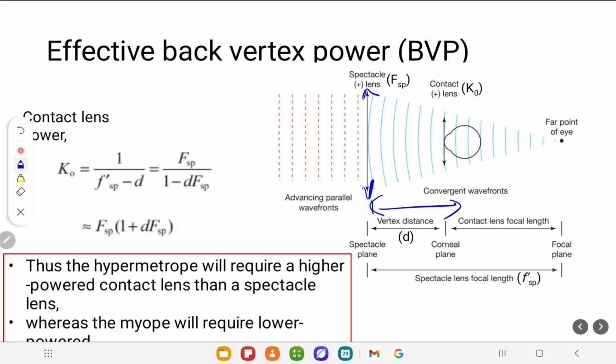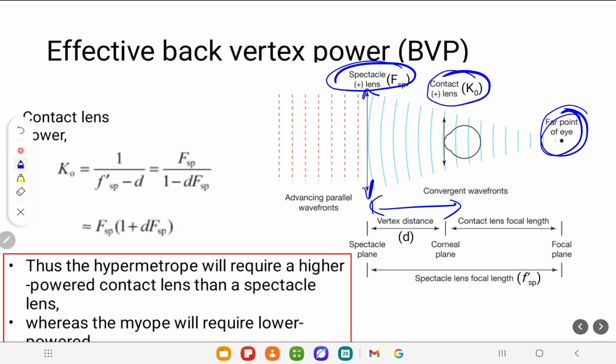Whenever you change distance, see, what is the principle of subjective refraction? The secondary focal point of a spectacle should lie at the far point of an eye, isn't it? And what is the principle of correction of contact lens? Same, the correction of contact lens should have its secondary focal point exactly on the far point of an eye.